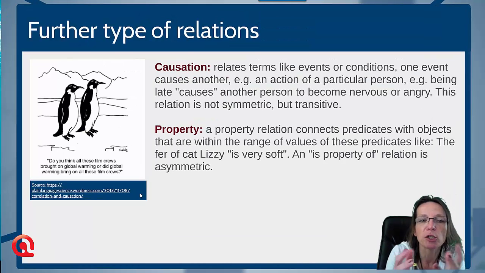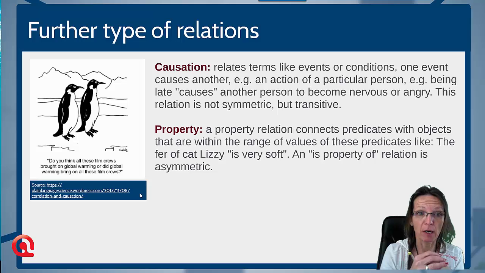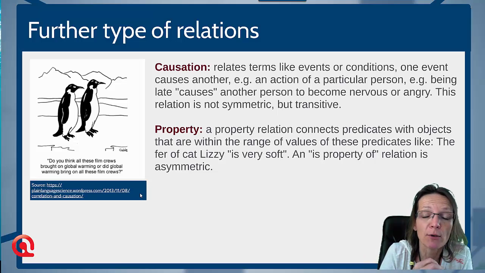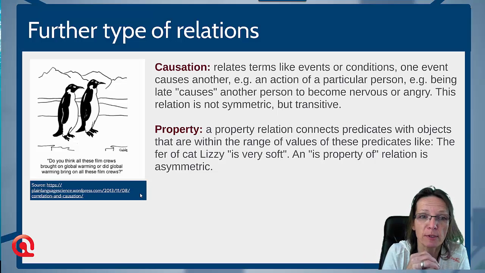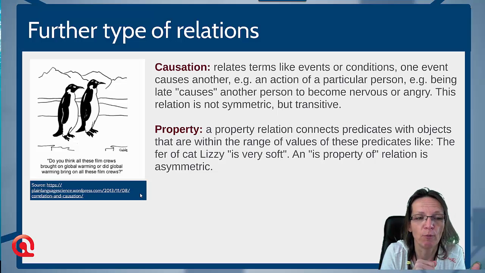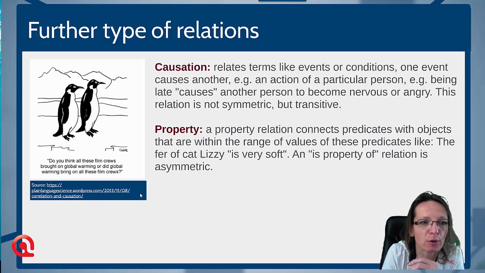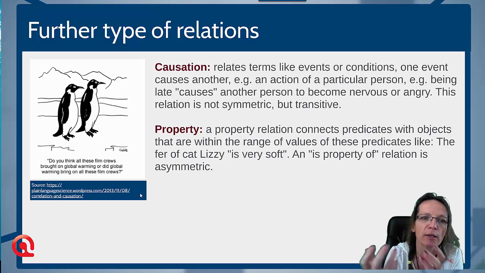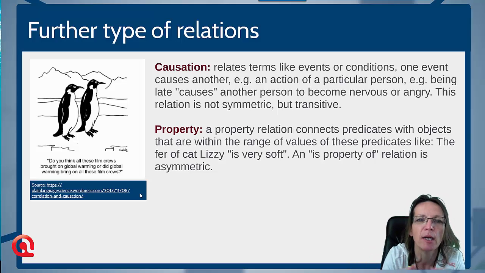Then there are two more relations you might be using, causation and also a property of something. If you take a closer look at this little cartoon here, it refers to something you may have learned somewhere along the way, that an association is not necessarily a causation, and the difference between two things that are just related to each other and things that caused each other.